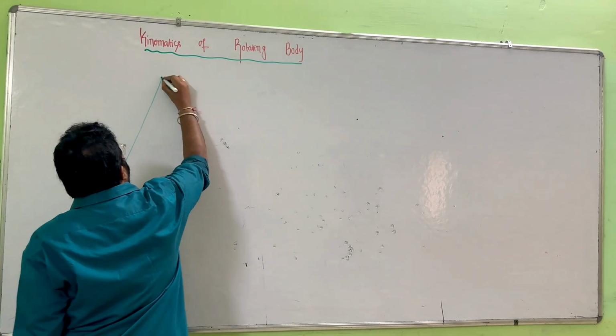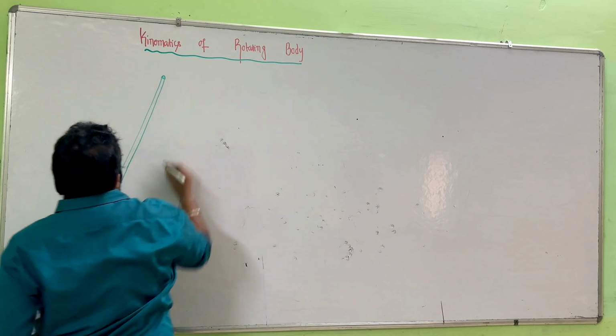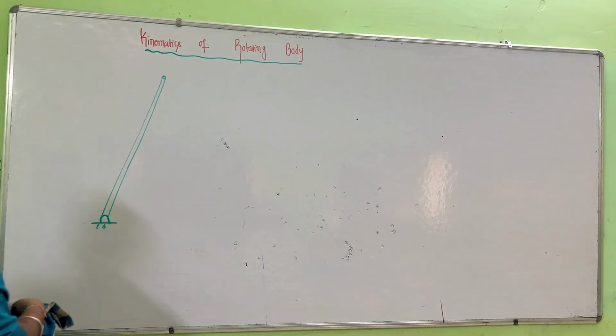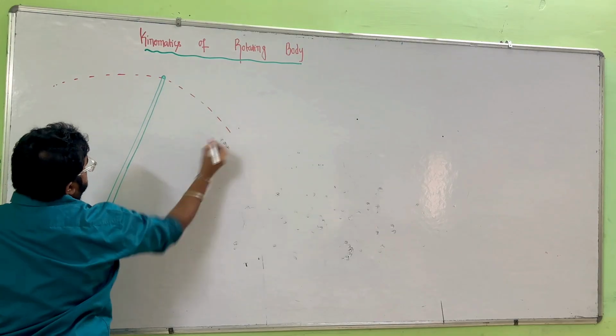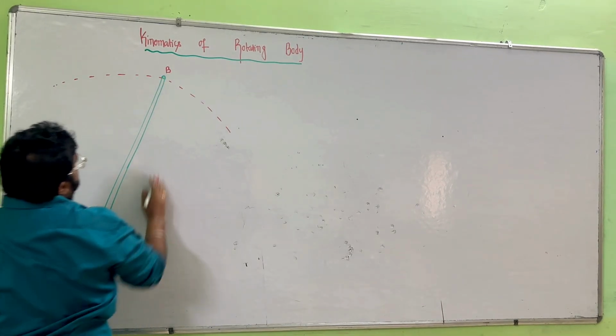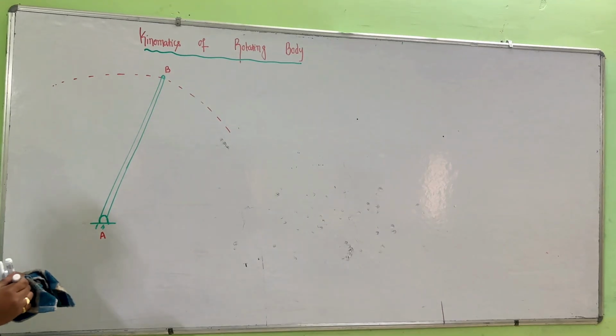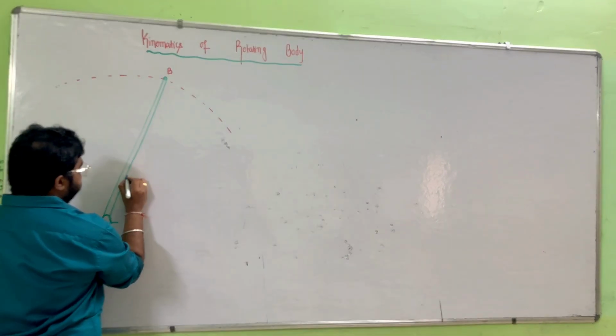This is the rotating body. See this, here to here, velocity at point A. This is A and B. AB is the rigid body, or rigid link.